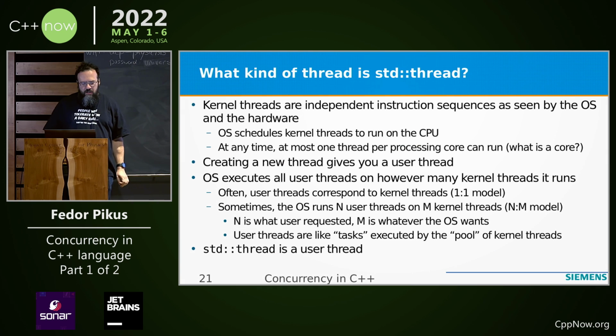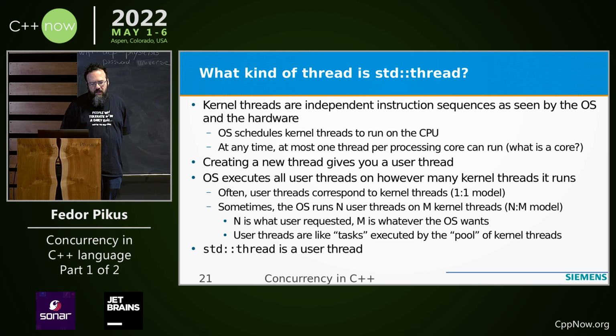Okay. Now, at any time, as I said, one of these kernel threads runs on every processing core. The kernel is in charge of deciding which one. When you create a new thread in user space, what you get is a user thread.